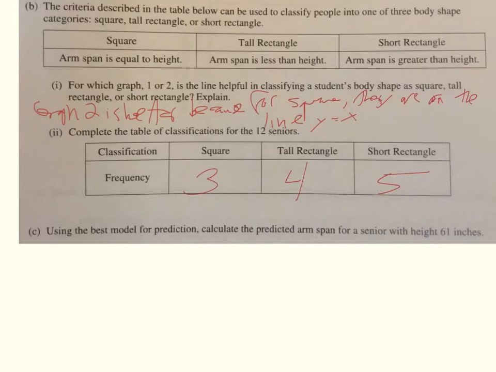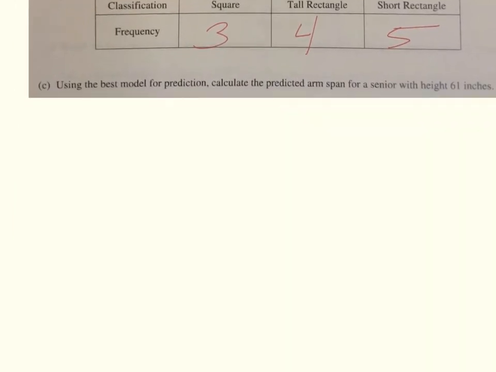Part C then asks us, using the best model for prediction, which is what we said is y hat equals x, calculate the predicted arm span for a senior with a height of 61 inches.